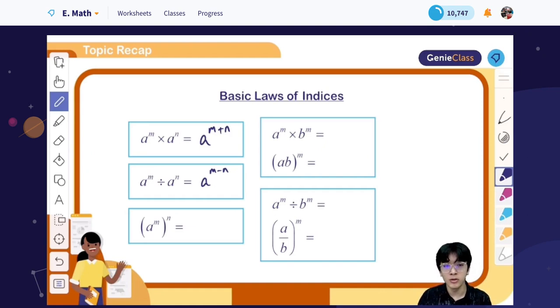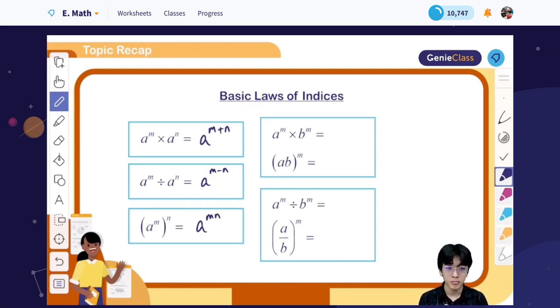So just remember division as negative power, and multiplication means positive power. Now, if you have a^m and then you power n, you can apply the power in succession. So that is a power m times n. You multiply the powers together.